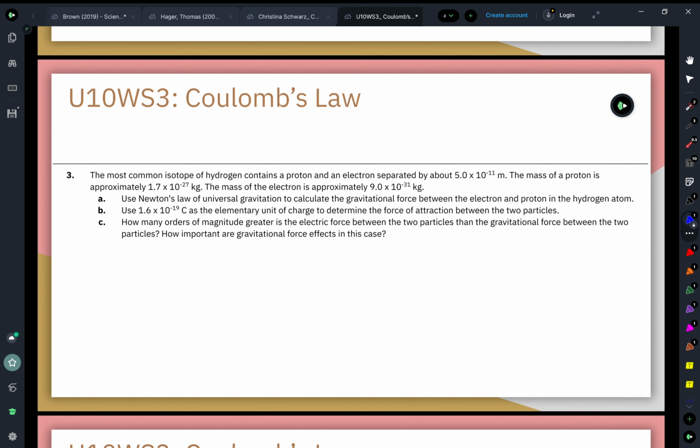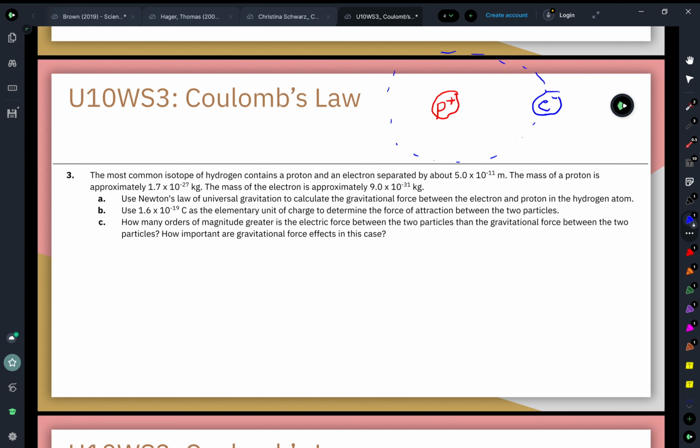So to start off with, we're going to make a list of our variables. So in an atom, we have our proton. Protons are positively charged. Those are at the center of our atom in the nucleus. Surrounding that is going to be our electron that exists in the cloud that orbits or surrounds the nucleus.